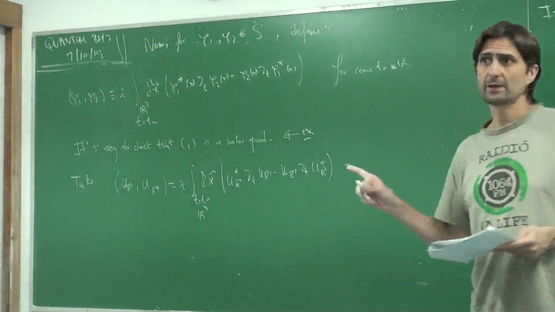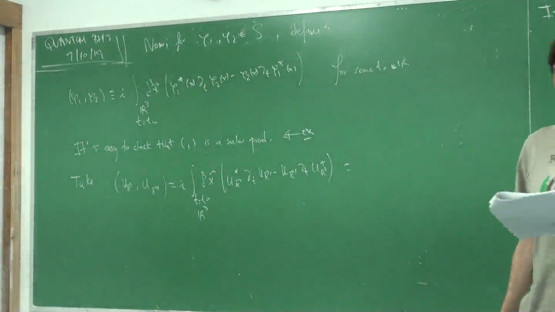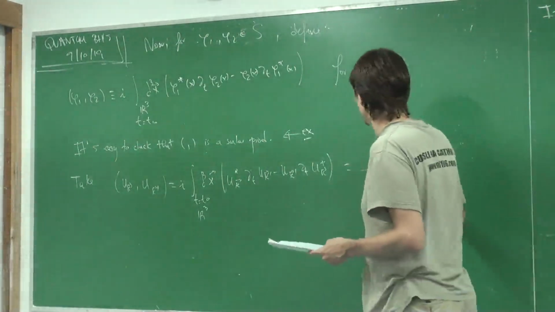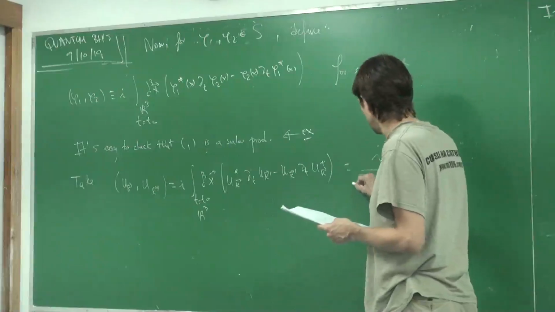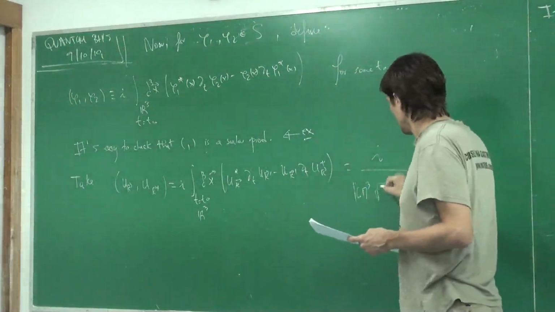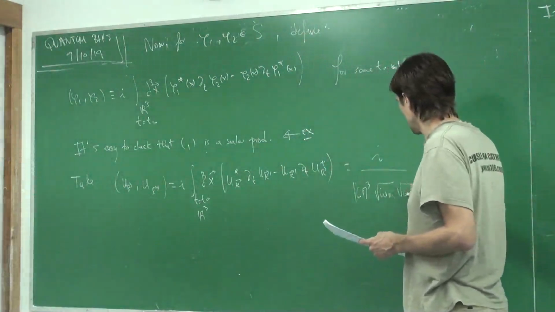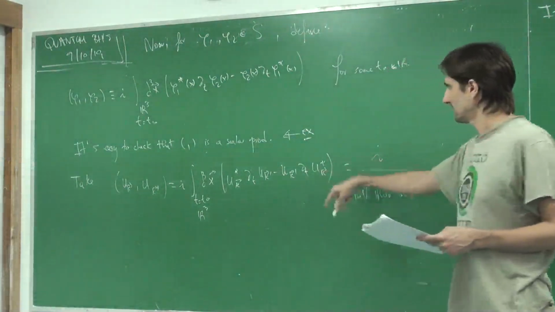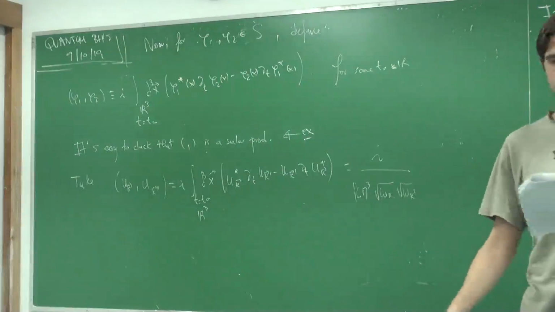I gave the value for the complete set earlier on. We've got the normalization factor, 16 pi cubed, square root of omega k, square root of omega k prime. k and k prime are not the same.